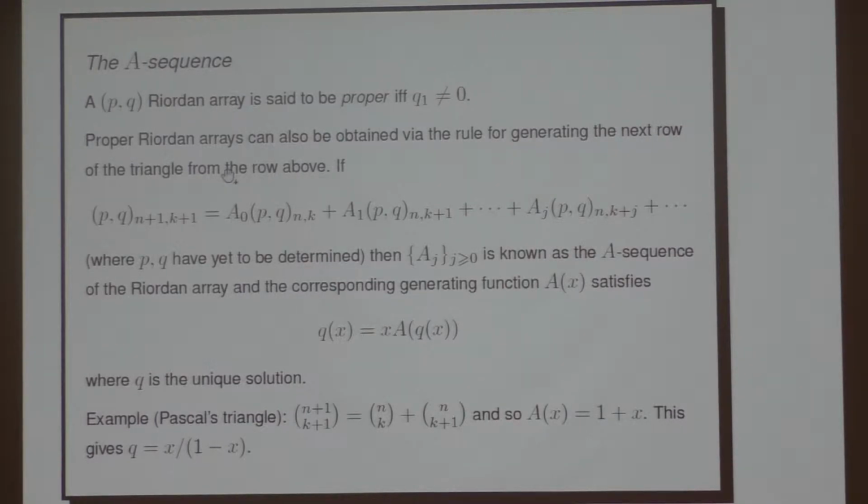It turns out proper Riordan arrays can also be obtained by specifying how you get the next row from the row above. So this is the (n plus 1)th row, and we can get it from the nth row, the row above, at least for k equals 0 or more. We've actually missed out the first column; we'll come back to that later.